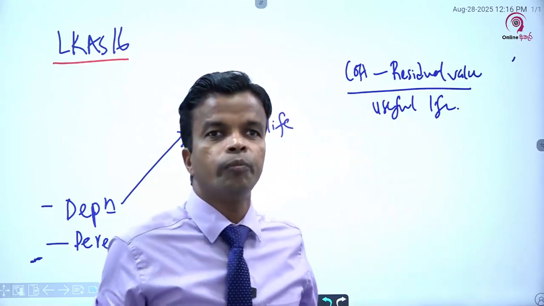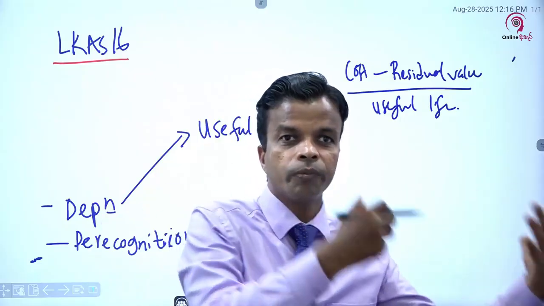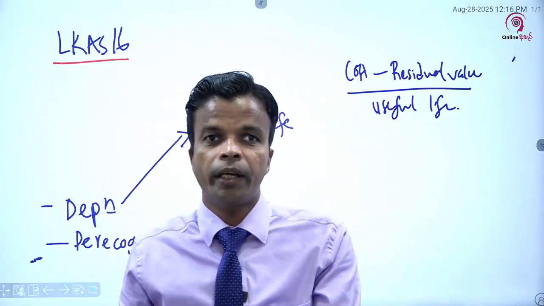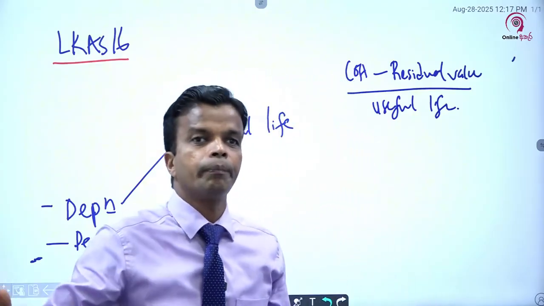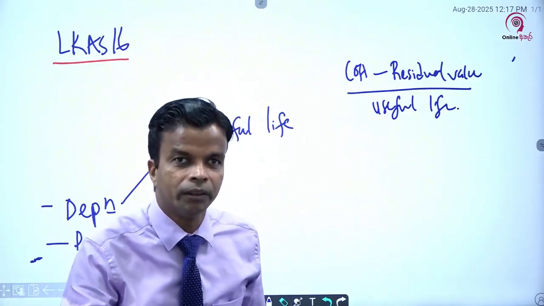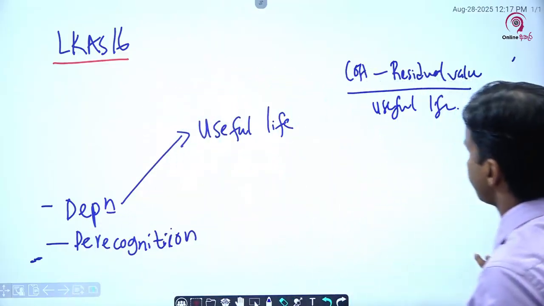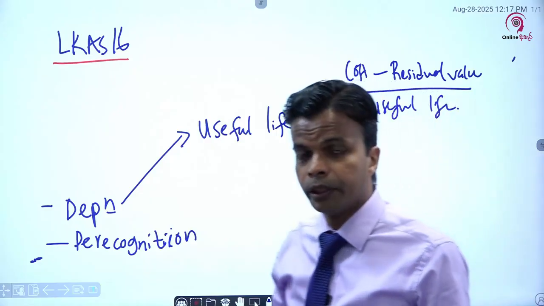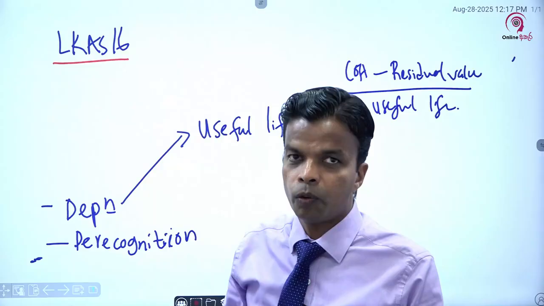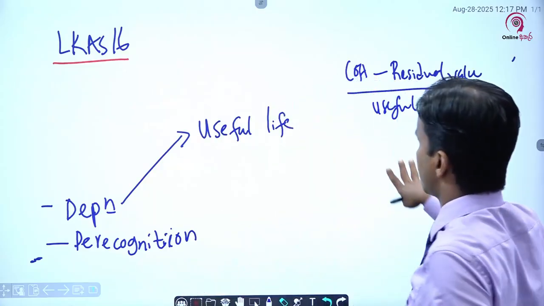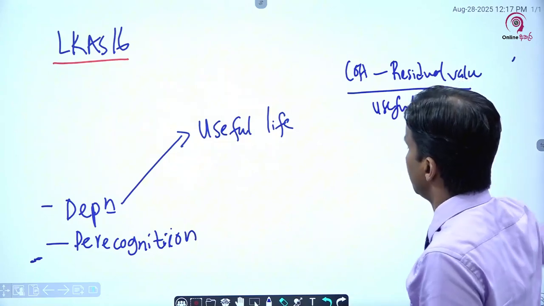Residual value means the amount that you expect to realize from that asset after the expiration of useful life. So you can't depreciate that because you're expecting to recover it. Normally the residual value concept is there, but practical application is very rare in most cases. But ideally, depreciation is cost minus residual value divided by useful life.